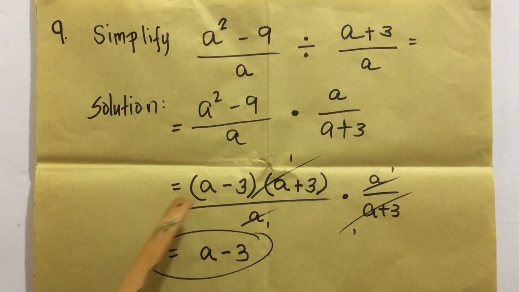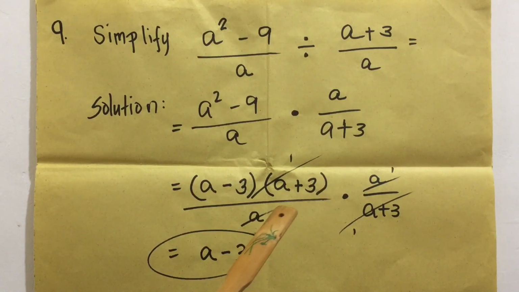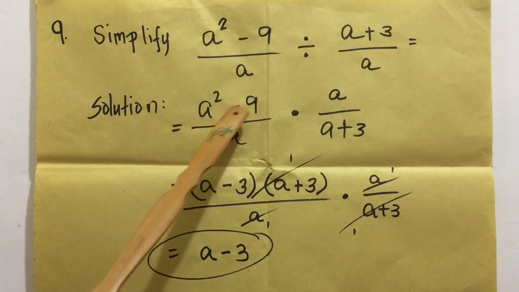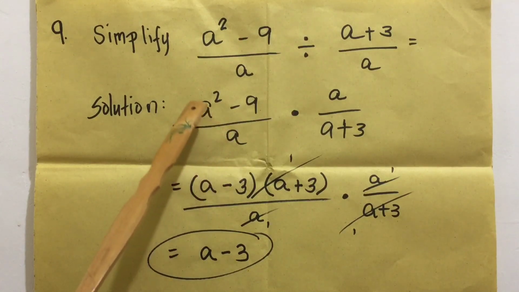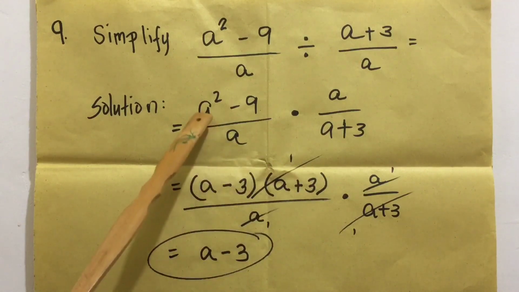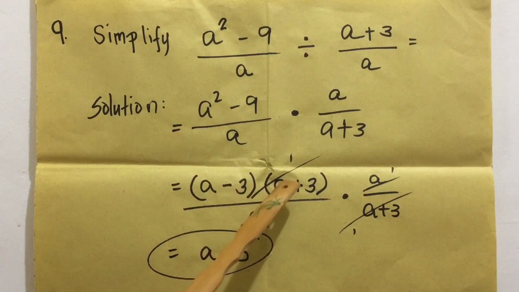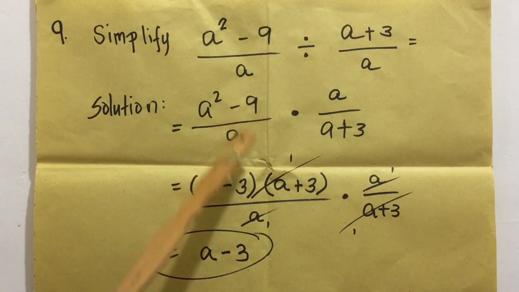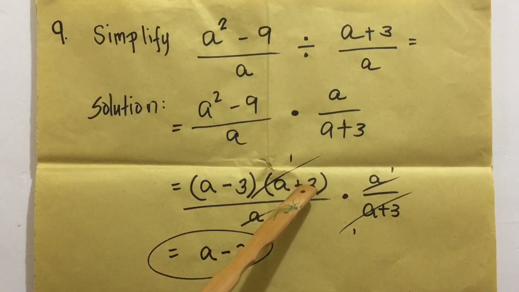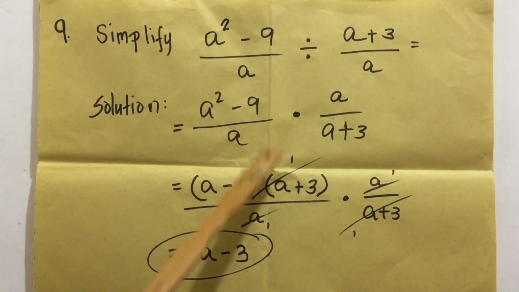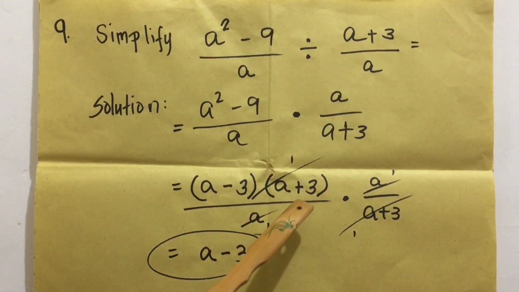And after that, our next step is to find the factor of this a squared minus 9. Once we encounter a squared minus 9, we're going to use two parentheses. Then we're going to find the factor of a and a. And since it is negative, we have one negative sign and one positive sign, and the factor of 9 is 3 times 3, so we have 3 and 3 here.